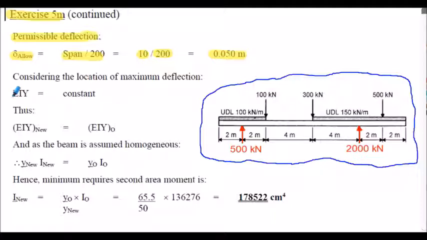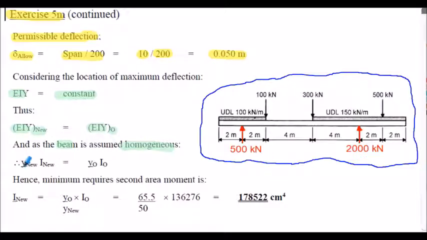So we're going to make the assumption that EIy is constant for the current beam and for the new beam. In other words, EIy for the new beam will be the same as EIy for the original beam we've analysed. And assuming the beam is homogeneous, that means the E's are the same for both beams.